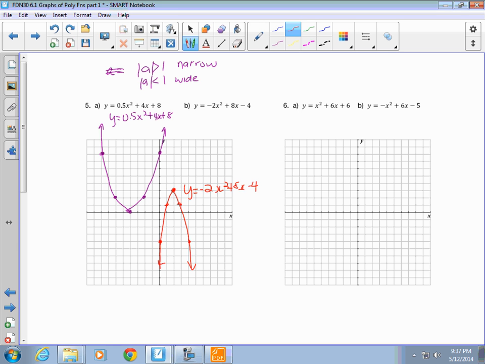Okay, y is equal to x squared plus 6x plus 6. So the vertex here is at negative 3 and 3.